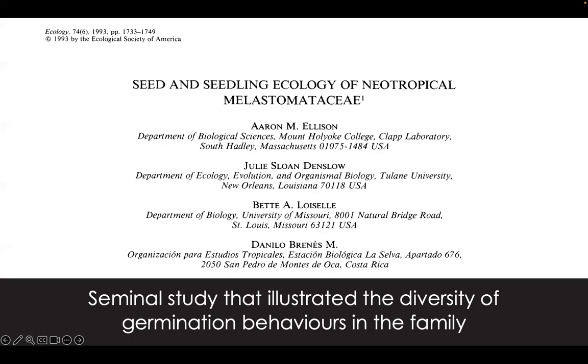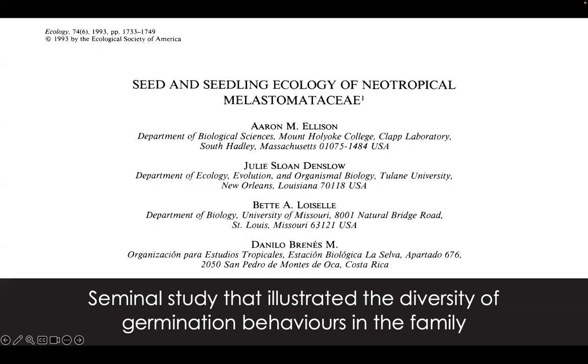For instance, one of the seminal studies led by Aaron Ellison in 1993 was pretty important for the history of the study of germination ecology in not only Melastomataceae, but for tropical ecosystems as a whole, because this is one of the first studies that tried to use a comparative approach to compare species from different, if I am right, this study has around 30 species from different microhabitats, families, and genera.